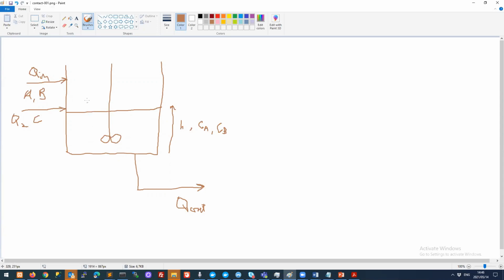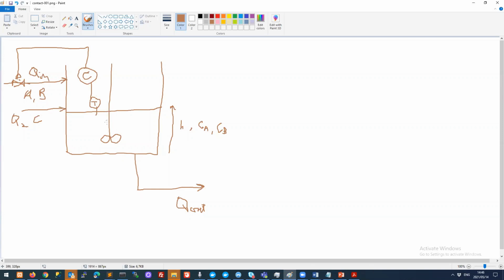Whatever sensor that is, there's some transmitter here, which is relaying the concentration of A. And then we want to apply a control action here. We send that signal out here, and that's going to control the flow rate in the stream here.